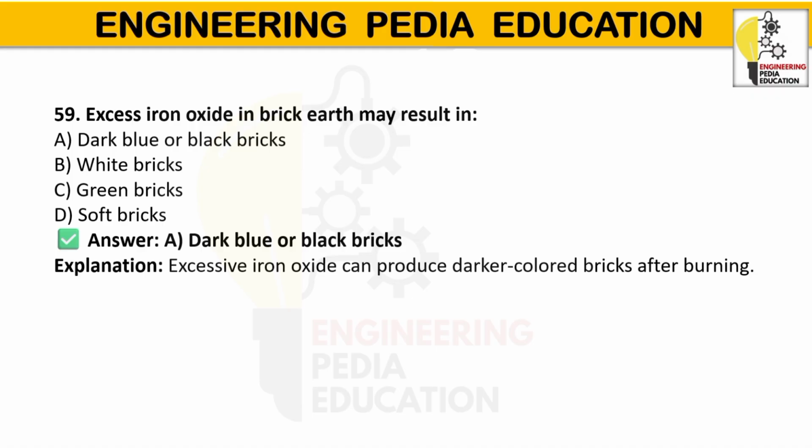The silica helps prevent cracking, shrinkage and warping. Alumina gives plasticity. Lime increases hardness, iron oxide gives color, and magnesia gives a yellow tint and reduces shrinkage.